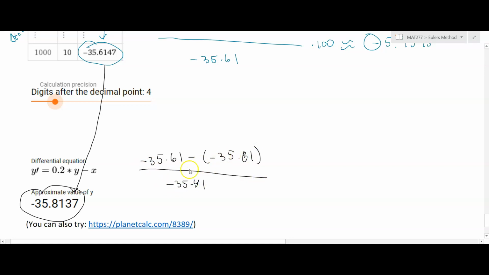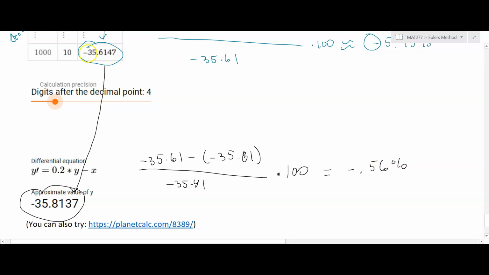Notice how our exact, quote-unquote exact value keeps changing, because what we're treating to be the more exact value is the one that was computed with the smaller step size. And this comes out to about negative 0.56%.